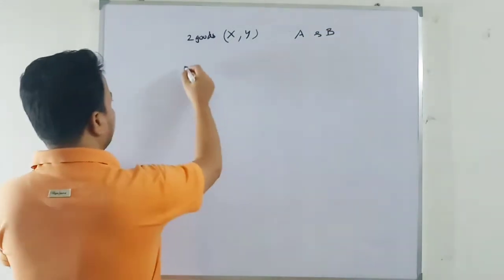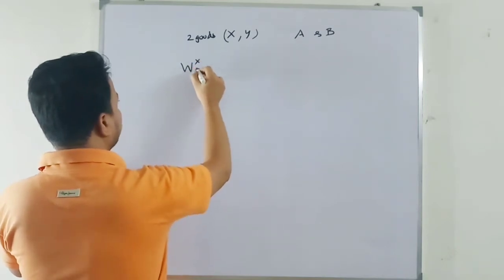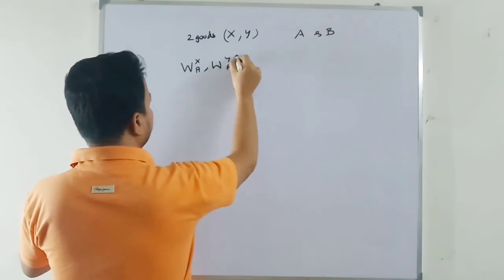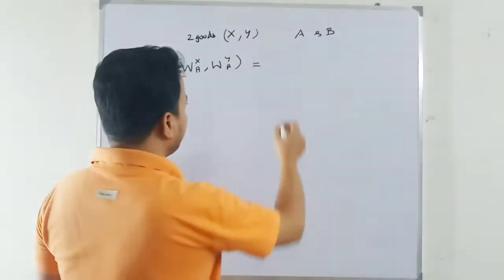Okay, so the endowment is given to you. The endowment of good X with consumer A and of good Y with consumer A is 10,000 and 5,500.